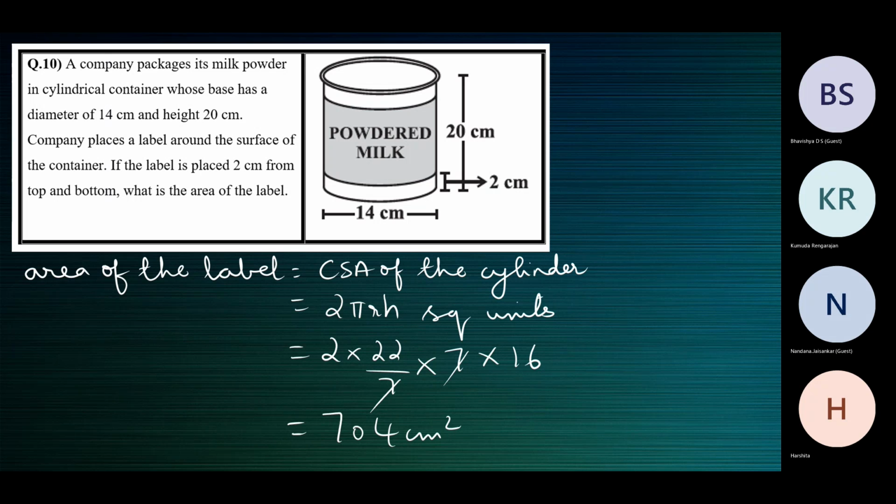Done, ma'am. Yeah. So radius is 14 by 2, 7. And the height is not 20. 20 minus 2 minus 2, 16.